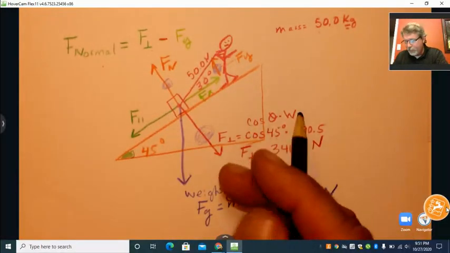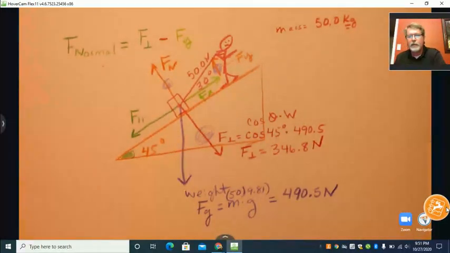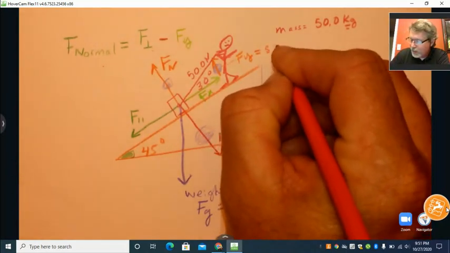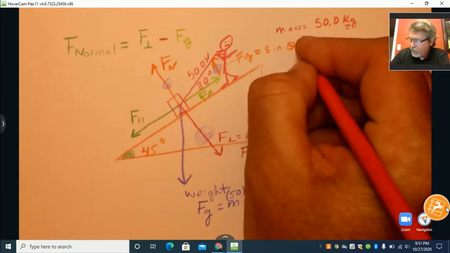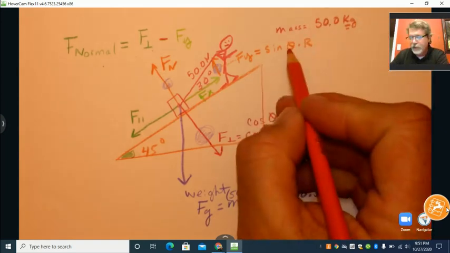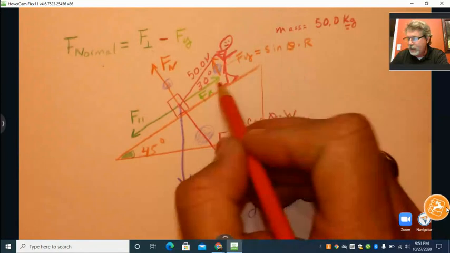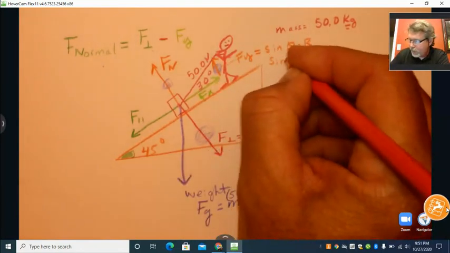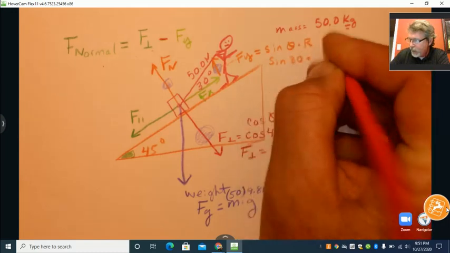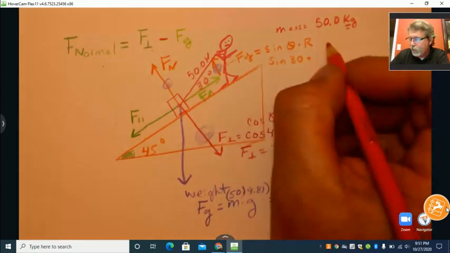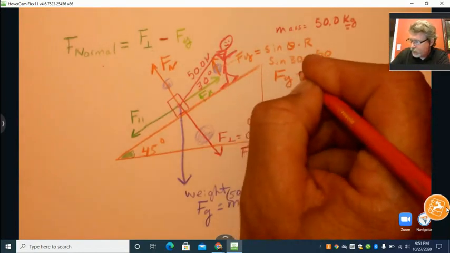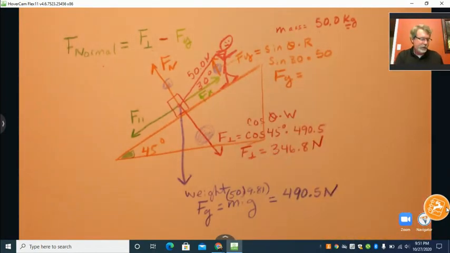So how do we find F of Y? Well, we've done that enough over the past couple of weeks. You shouldn't have a problem with that. The Y component is the sine of theta times the resultant. Now this theta is not the incline. This theta is the angle at which the person's pulling with. So it's the sine of 30 times the resultant force, 50. So the force in the Y direction is sine 30 times 50.